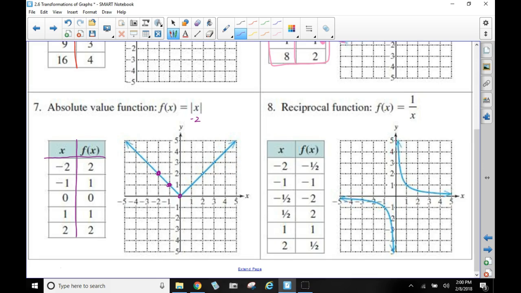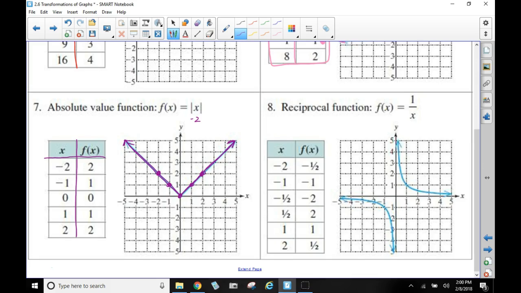The absolute value of 0 is 0. The absolute value of 1 is 1. The absolute value of 2 is 2, and so forth. So let's call those 5 points the key points on the graph of y equals absolute value of x, which is a V shape like this. That's pretty easy to remember, right?